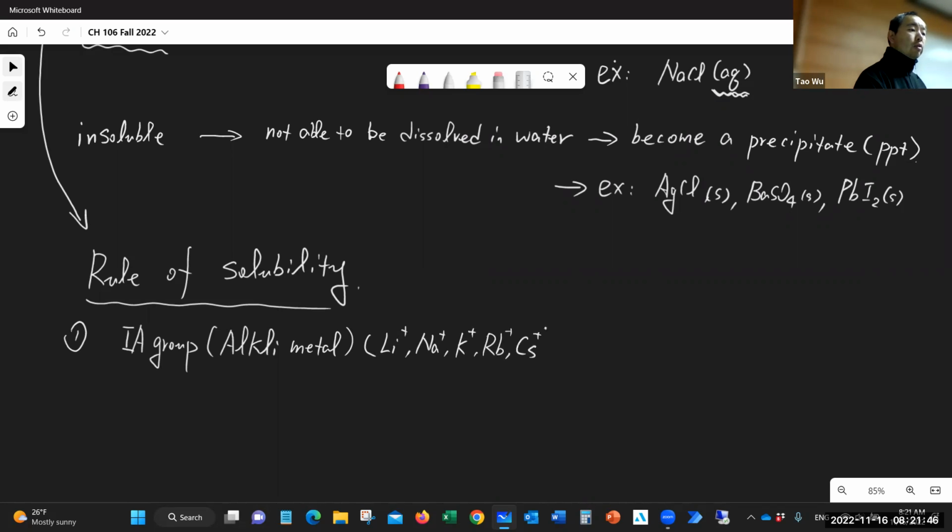If you see those ions in the formula, it doesn't matter what kind of anion is there.